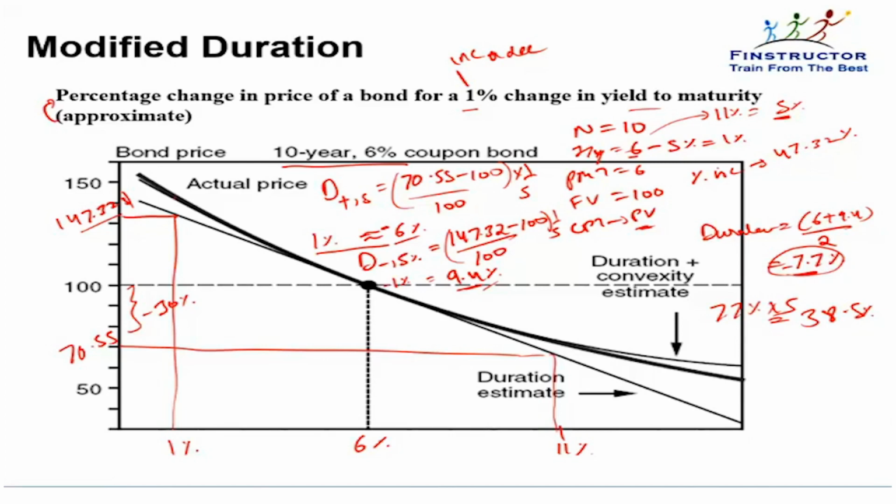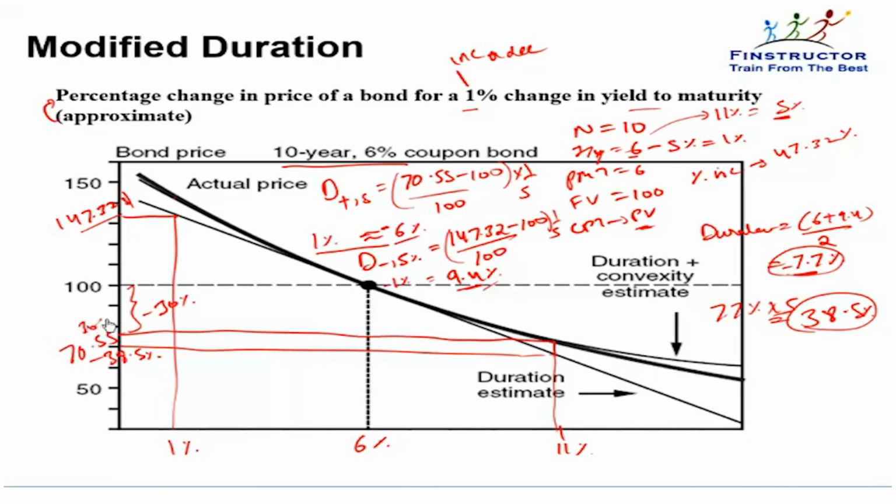So if the yields go up by 5%, the duration estimate will tell us that the price should fall by 38.5%, whereas the actual price fall will only be to the tune of 30% as we calculated earlier.